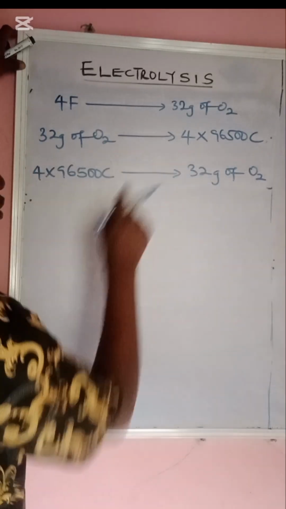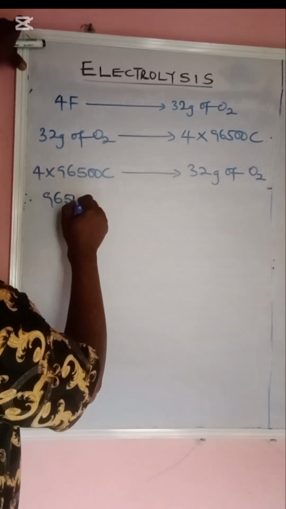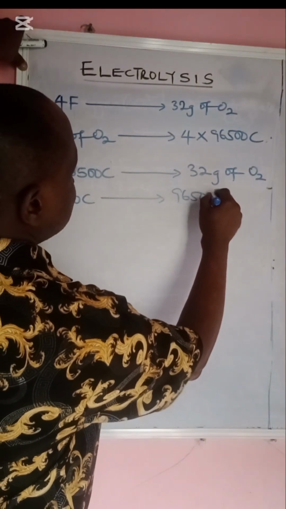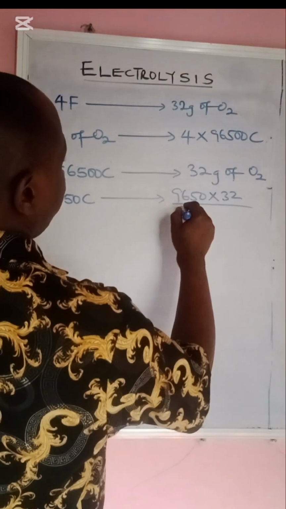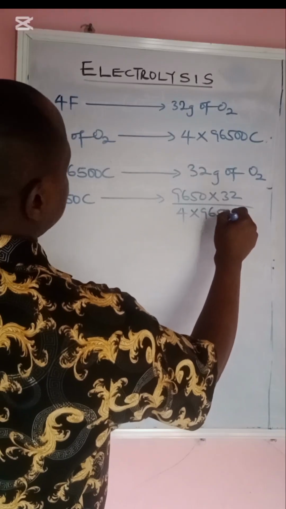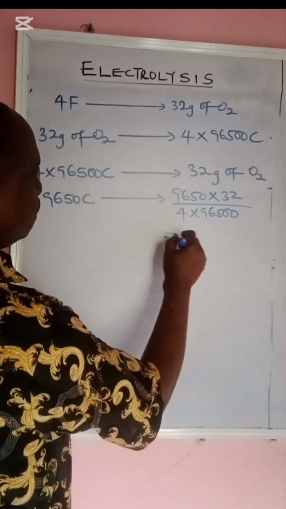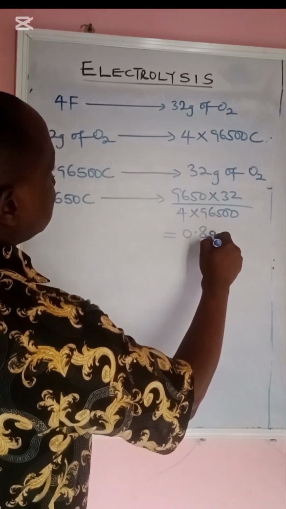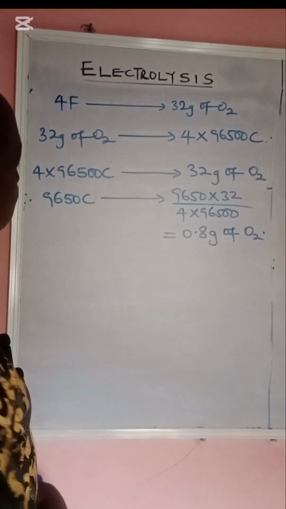Therefore, 9650 coulomb will liberate 9650 times 32 divided by 4 times 96500. When you divide it, everything will give you 0.8 grams of oxygen. Take note of that.